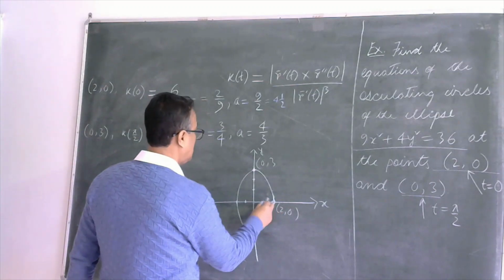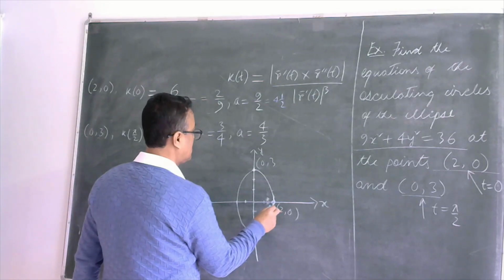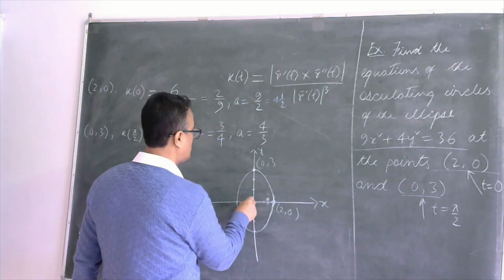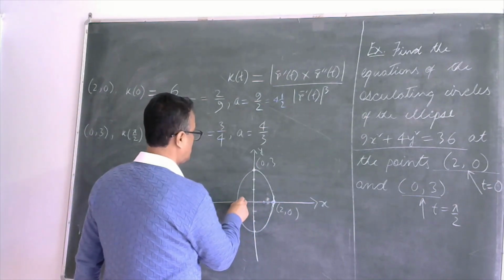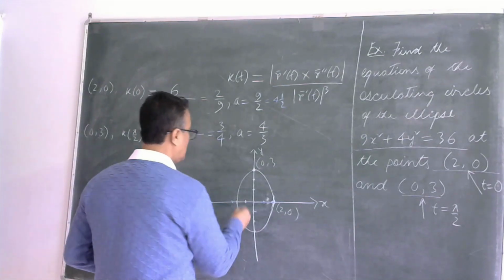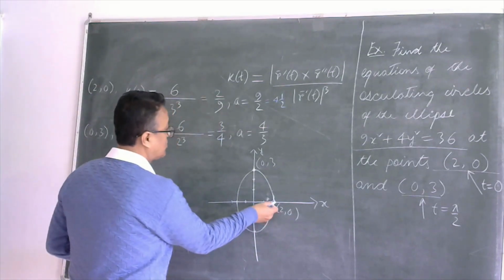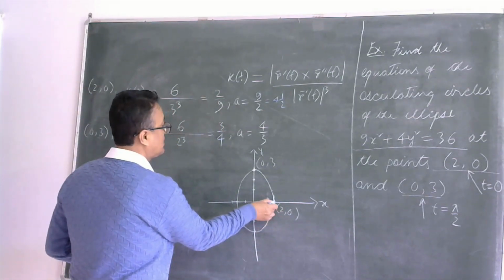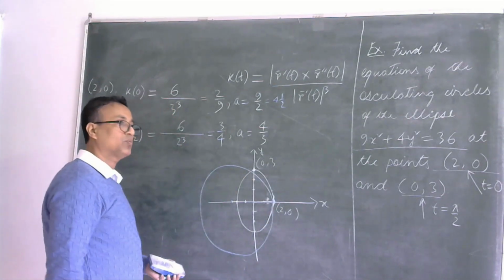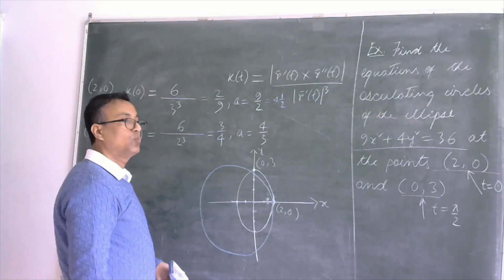It is 4.5. So this is 2, this is 4, so you have to come half here. So this is going to be your radius. Then you have to draw a circle like this. That is going to be the osculating circle corresponding to the point (2, 0).